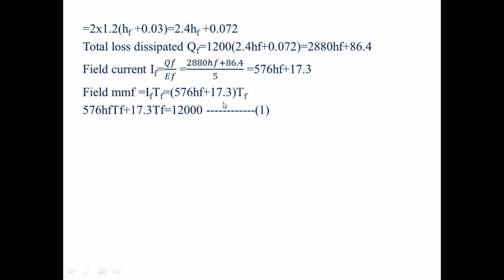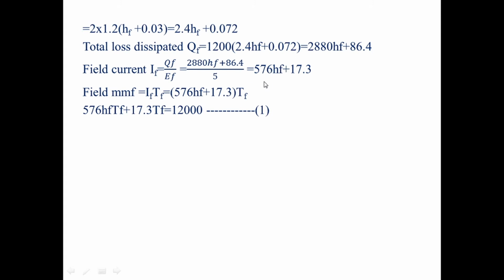Now the field current IF you can calculate as QF by EF, the total heat dissipated divided by voltage. So we can say 2880 HF plus 86.4 divided by EF, which is 5 volt, so you will get 576 HF plus 17.3. So the field MMF, IF into TF, is given by 576 HF plus 17.3.